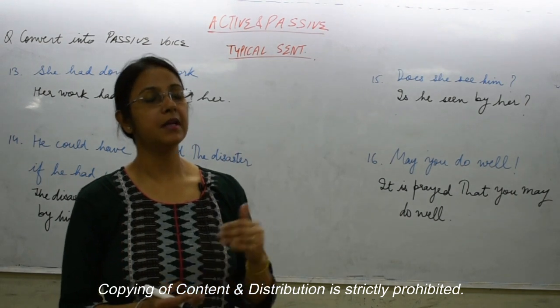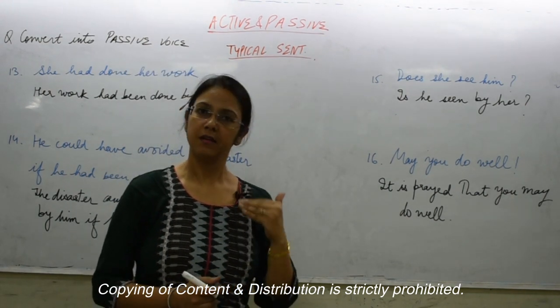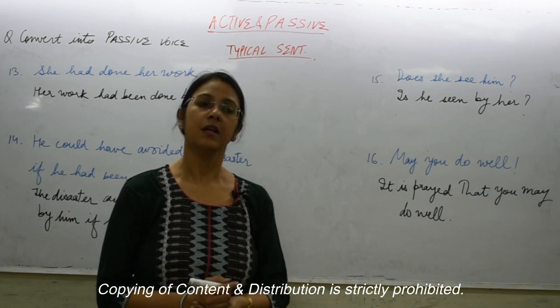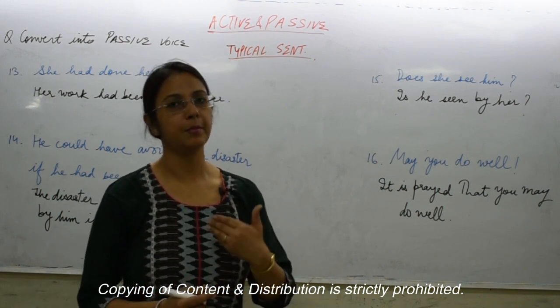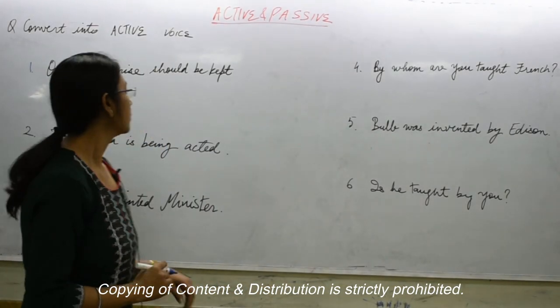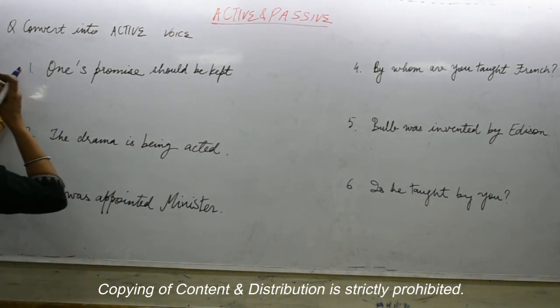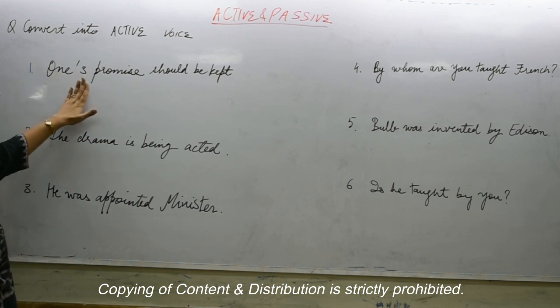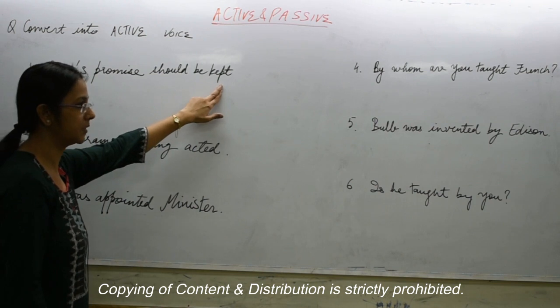And now, up till now, we have been doing conversion from active to passive. Now, let us do the other way around, that is from passive to active. Let's do the change. So, now for converting passive into active, this is our passive sentence, one's promise should be kept.